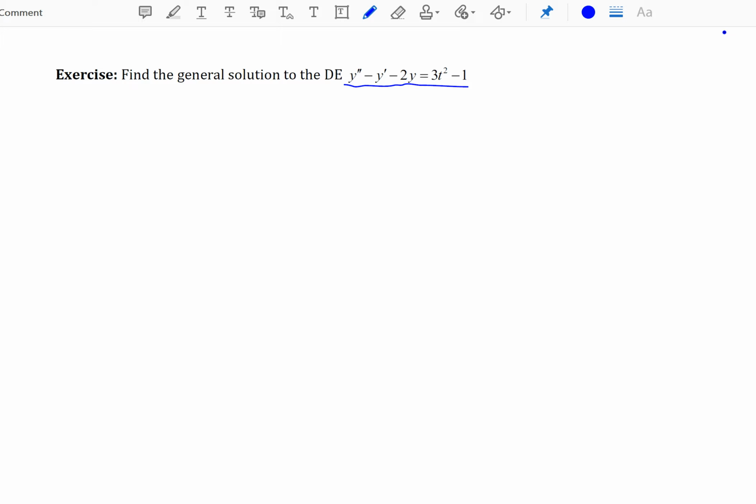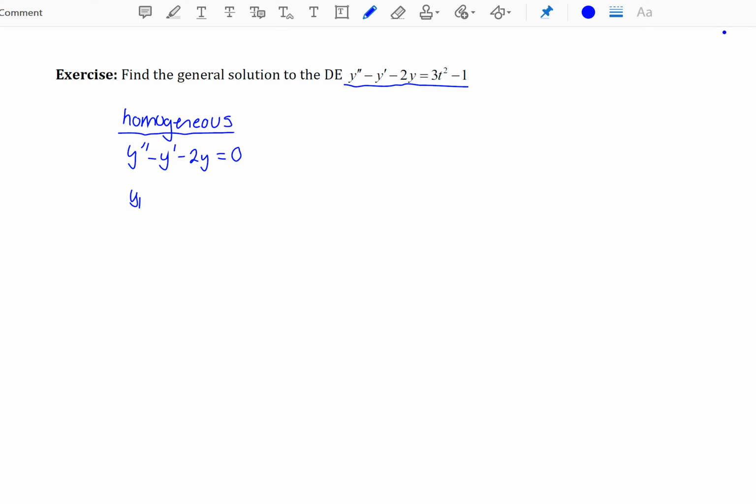Now with these non-homogeneous differential equations, again, we always want to start by looking at our homogeneous solution first. And you should notice from our last two examples that this homogeneous DE is the same as the one we've already looked at.